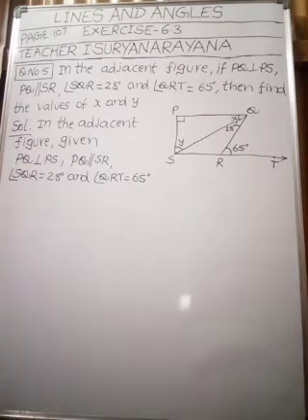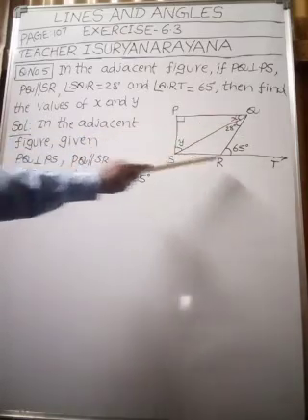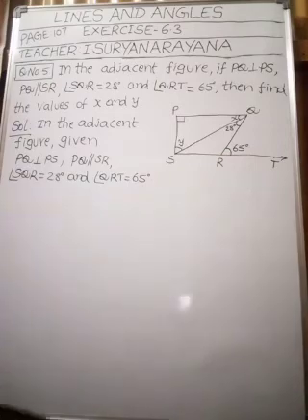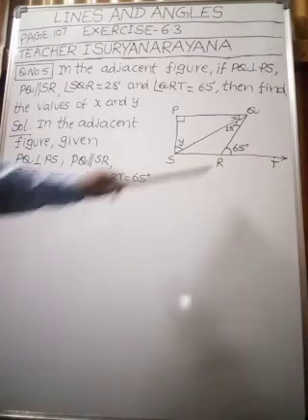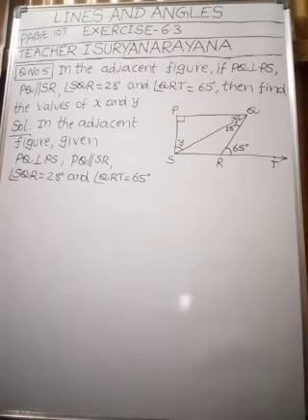Now, if you observe this triangle QSR, for this triangle QSR, angle QRT is an exterior angle, isn't it or not, my children? There is a theorem related to the exterior angle of a triangle.